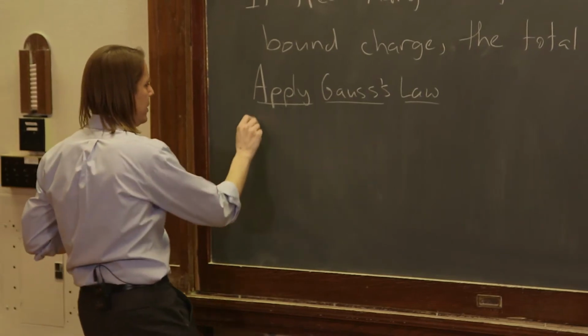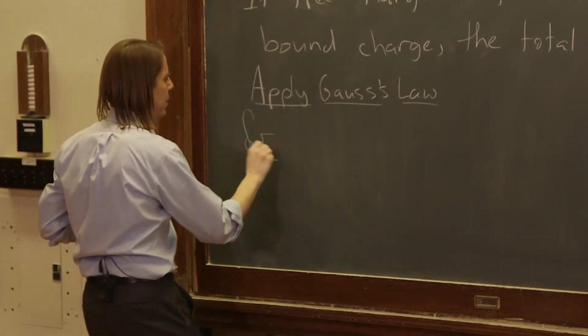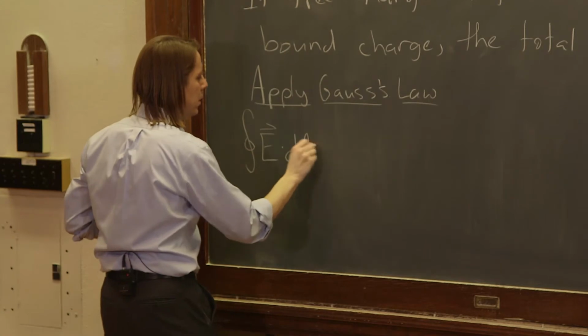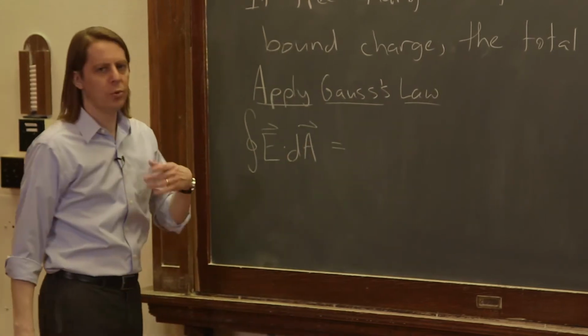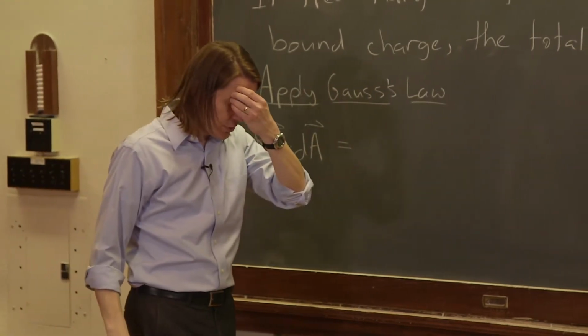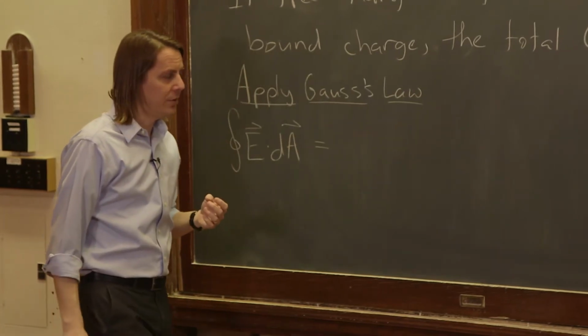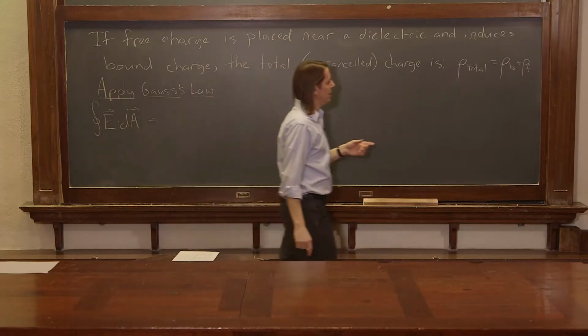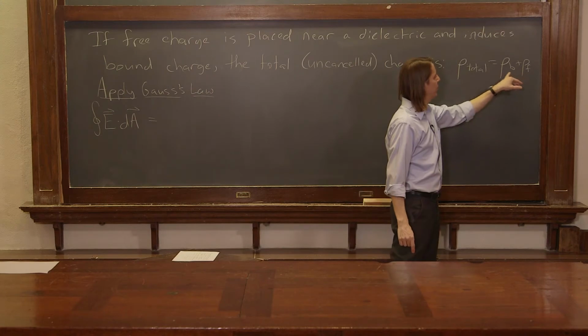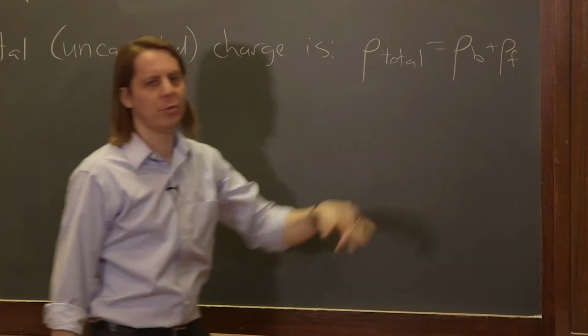Gauss's law: the integral over the closed surface of E dot dA equals the charge enclosed over epsilon naught. So here is our total charge enclosed in that surface, rho bound plus rho free.